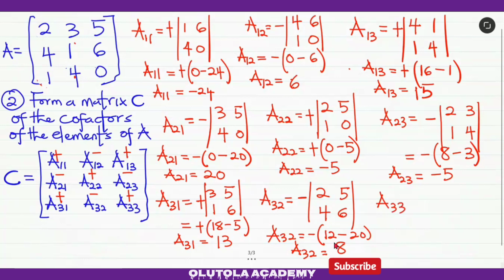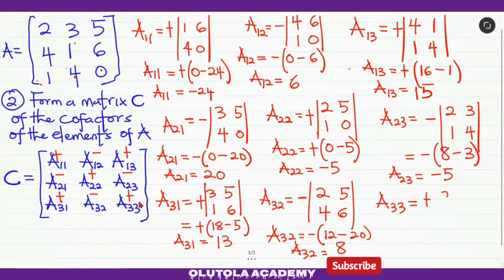And the last one, A33, is positive. So I have positive, then I'm closing up this A33. So for the cofactors here, I'm closing this up and I'll close this up. So I will have to work with 2 3 4 1.